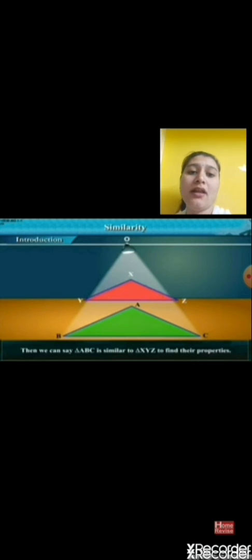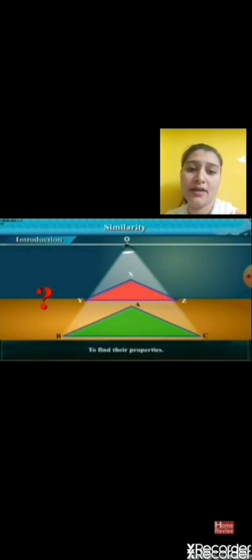Over here ABC is a larger triangle as compared to XYZ. Yes, we can see the vertex X corresponds to A, Y corresponds to B and Z corresponds to C. We can say triangle ABC is similar to triangle XYZ.